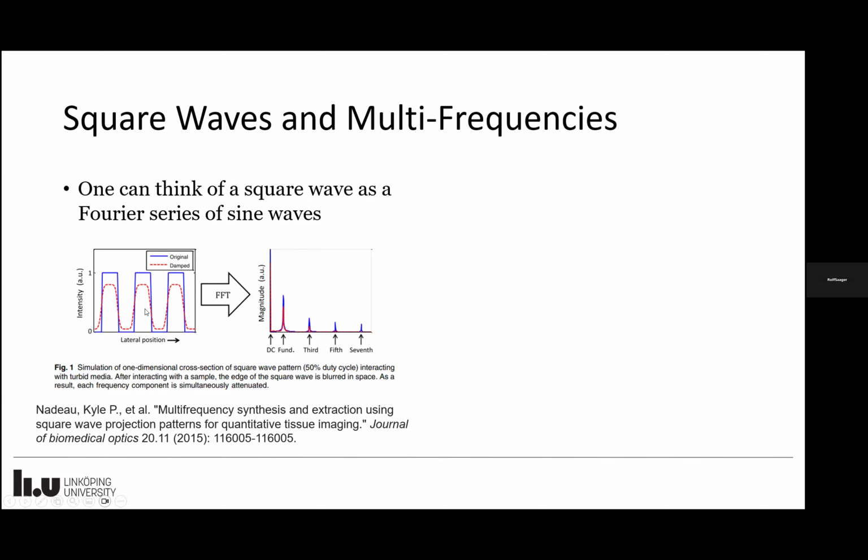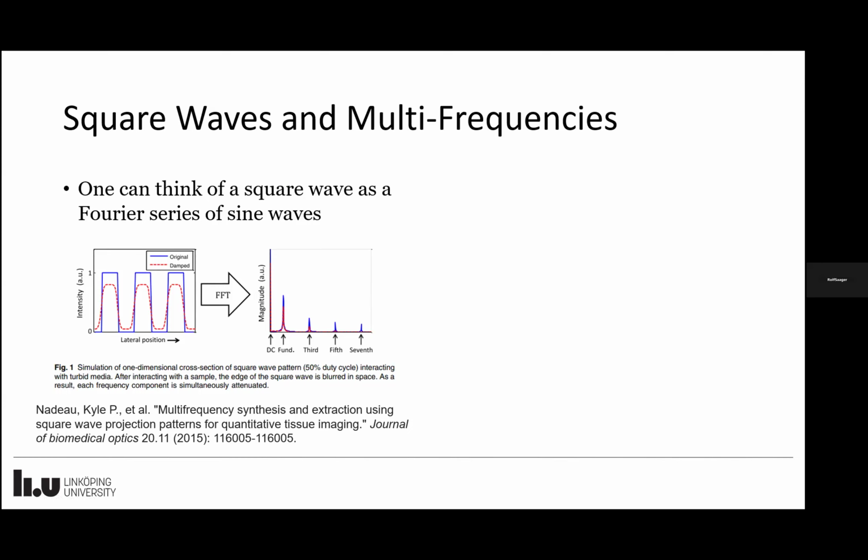But based on the periodicity and the size of these square waves, you would have a fundamental frequency and then higher order frequencies. So you would have multiple spatial frequencies in a single pattern. So you can go really fast. The consequence, though, is every order is going to be weaker and weaker. So you get more and more challenged on the spatial frequencies. And the higher the spatial frequencies, the more sensitive you are to noise.